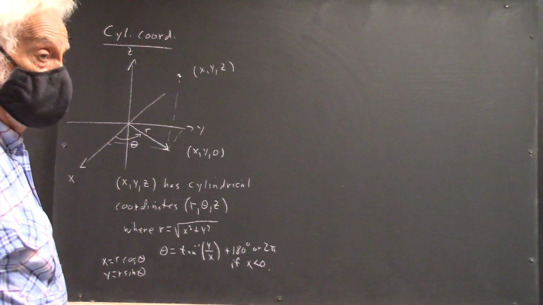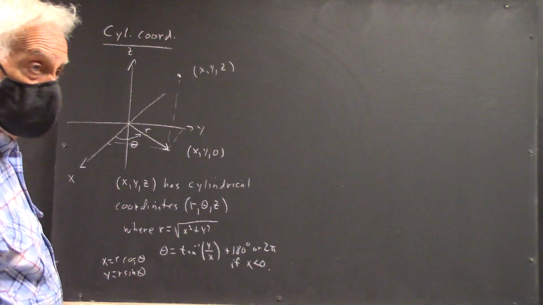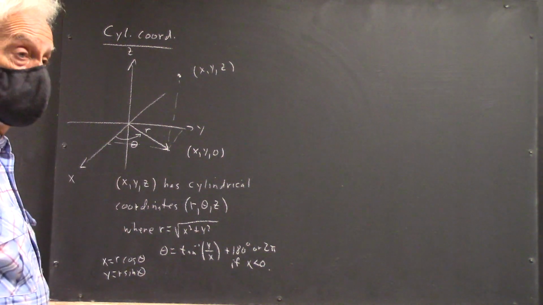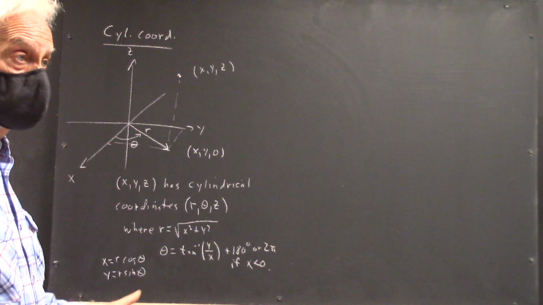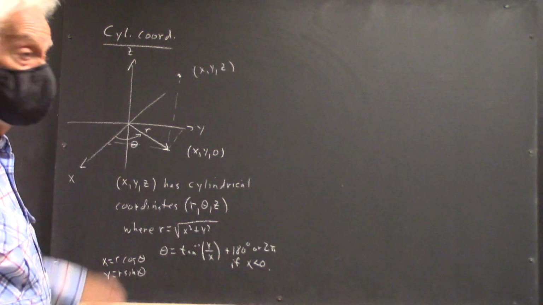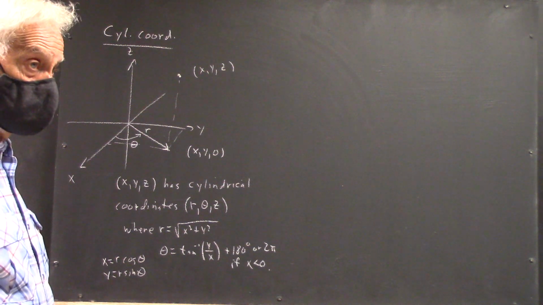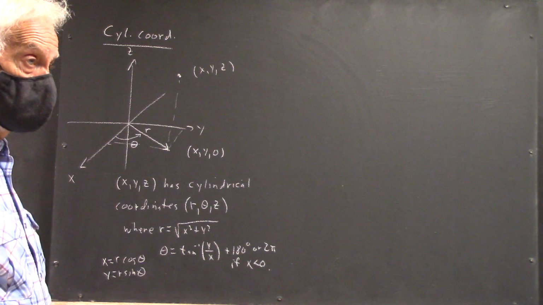Just like polar coordinates. So all it is, you project your point down into the xy plane and do polar coordinates there. Okay? And keep z. Okay? So that's easy.